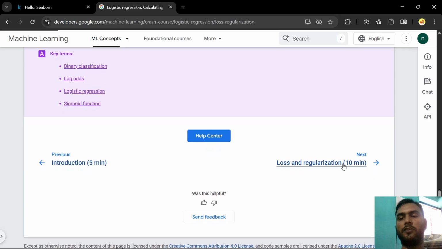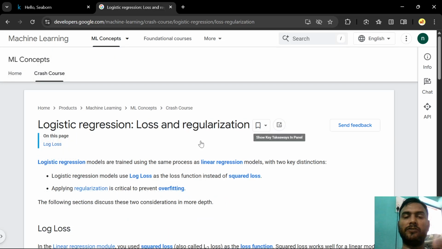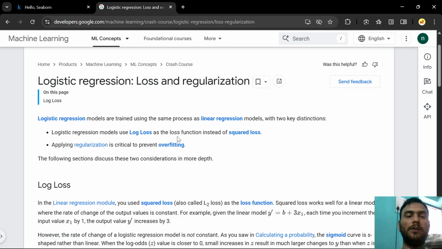So this is loss and regularization. Regularization is a method to compensate for overfitting, so applying regularization is critical to prevent overfitting. Overfitting is when the model has learned too much, or is following too sincerely the training data set.